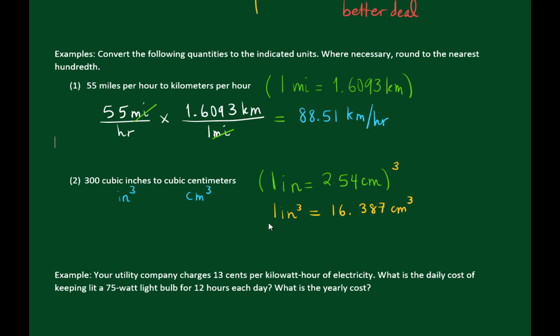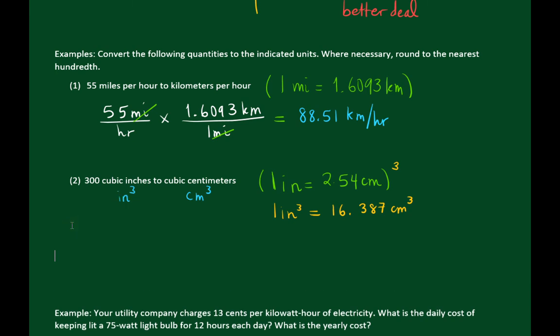Now let's solve that problem. We have 300 cubic inches times, keeping the cubic centimeters at the top, 16.387 cubic centimeters divided by 1 cubic inch.